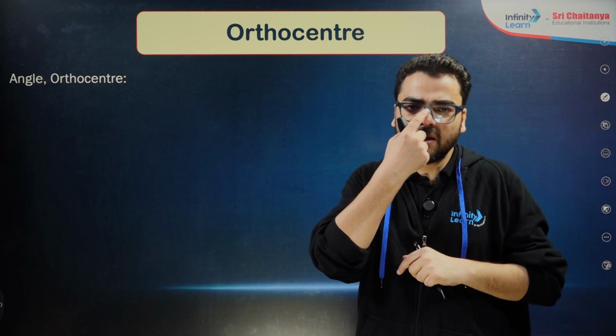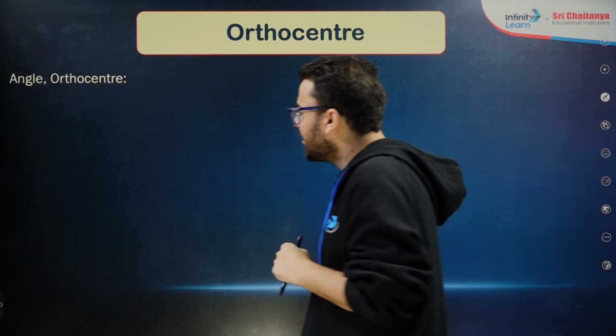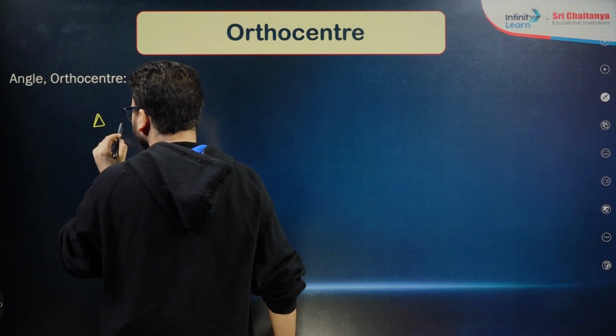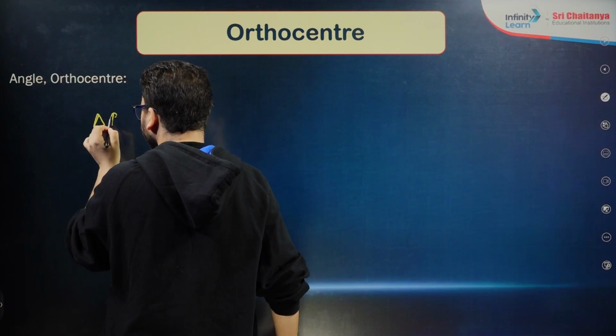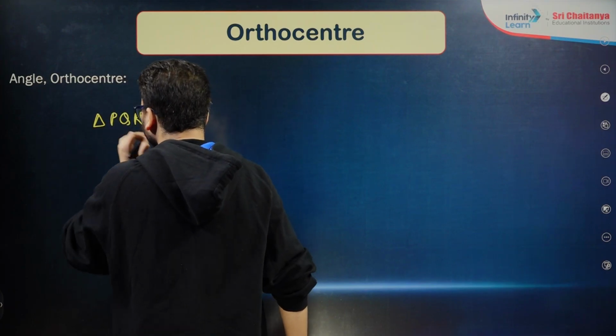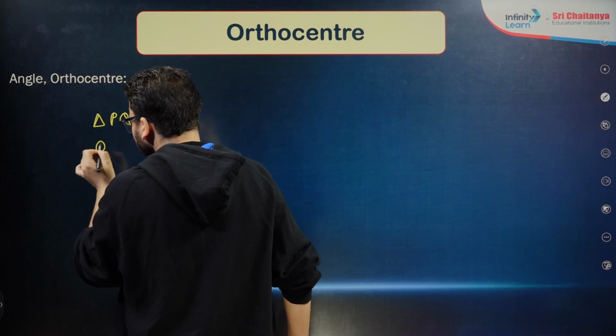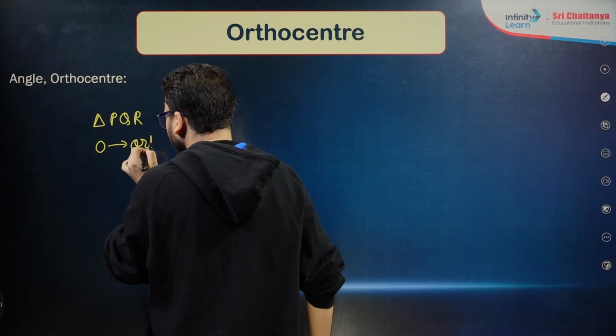Now sometimes they give you a question like this. For example, you have got a triangle, suppose PQR, correct? And suppose O is the orthocenter of that triangle.